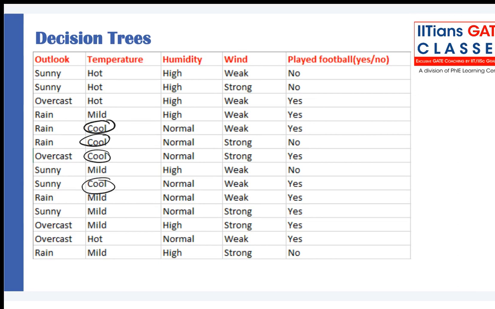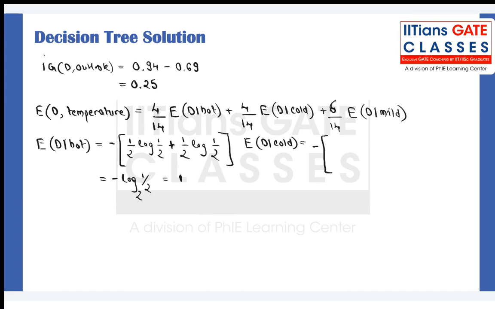You see there are three yeses and one no. So 3 by 4 log 3 by 4 plus 1 by 4 log 1 by 4. And then you will get some value. Not calculating. The entropy of the dataset D, given it is mild, is also negative of.